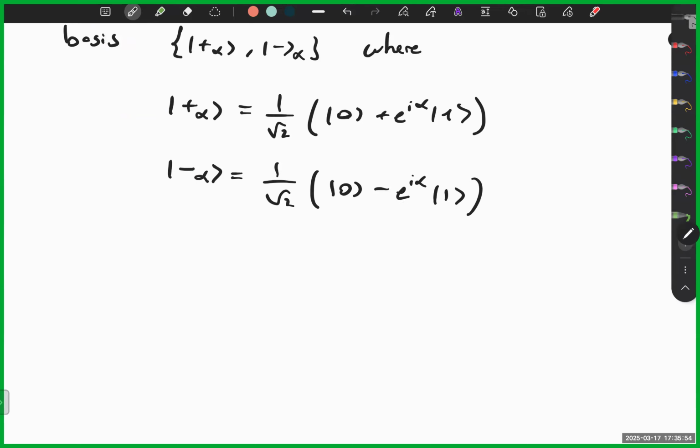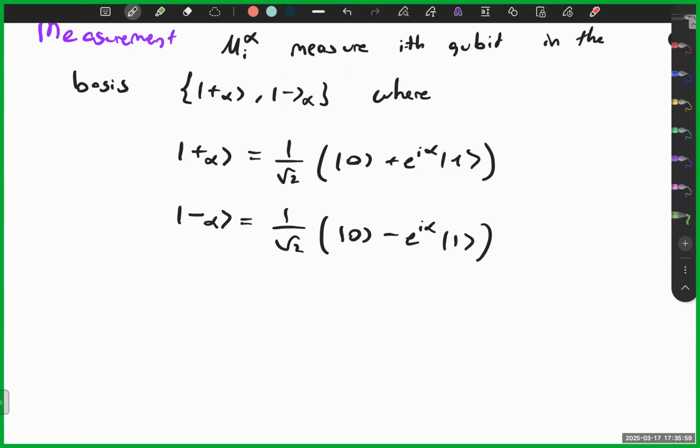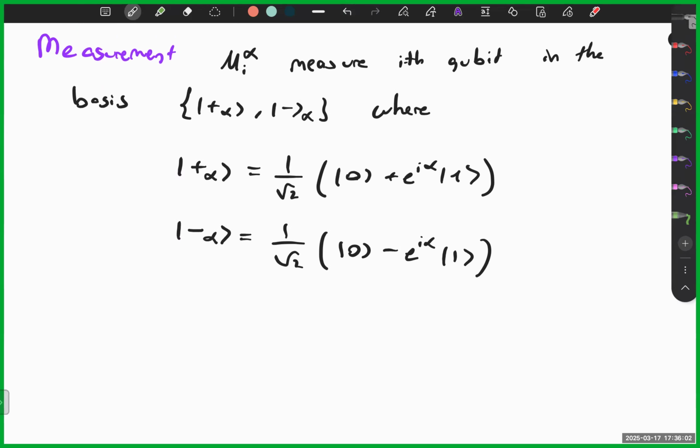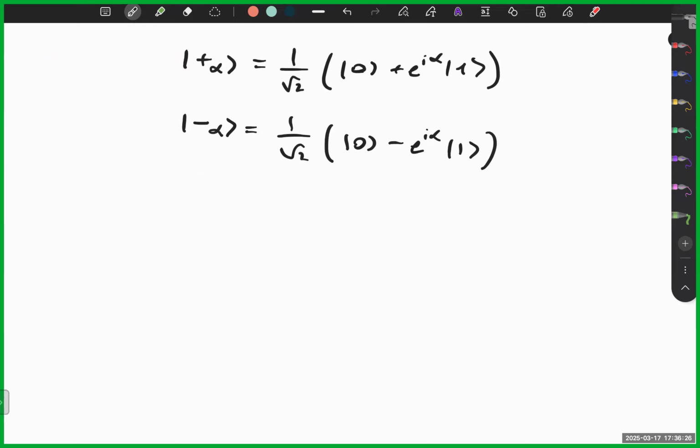So we have measurements where alpha is a real value, so we have a family of measurements that we are going to use. And it is important that in this framework we are focusing on destructive measurements. So after we measure, we just trace out the qubit and do not do anything with that qubit. So the dimension of the Hilbert space that we are working on reduces after we do the measurement.